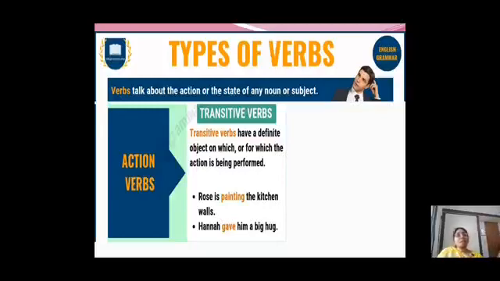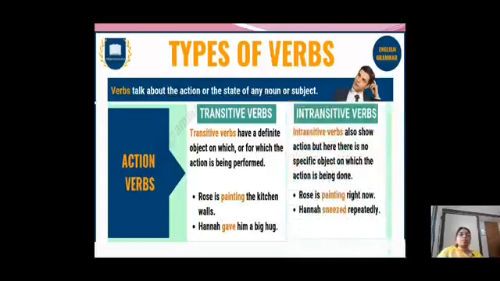Rose is painting right now. Before I told you, Rose is painting the kitchen wall. So the object is there and the subject is also there. Now the same as intransitive. Okay, Rose is painting right now. Hannah sneezed repeatedly. Right? So these are all intransitive verbs.